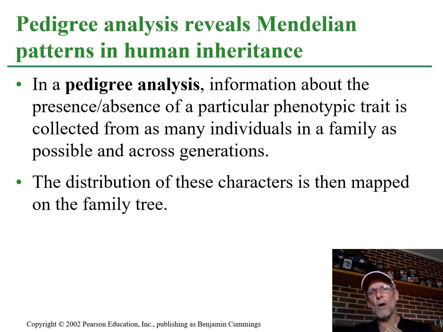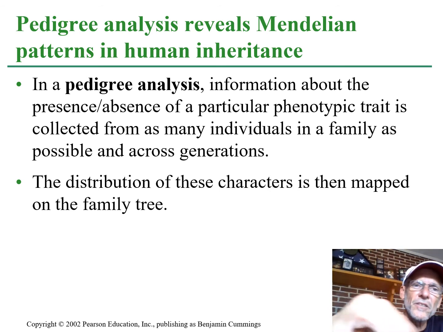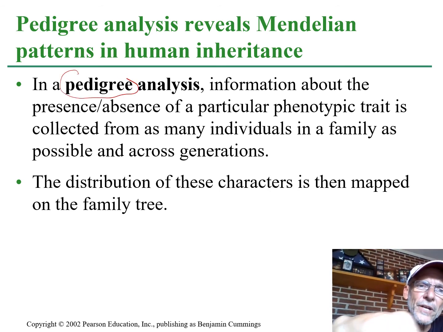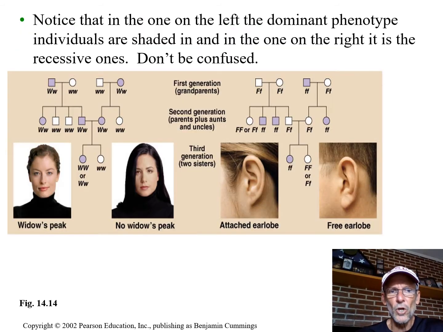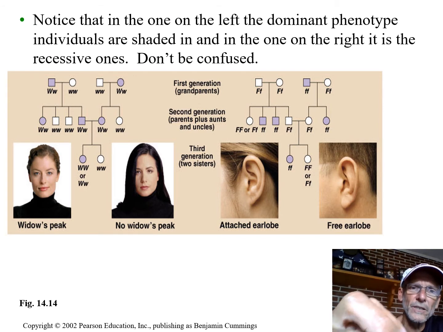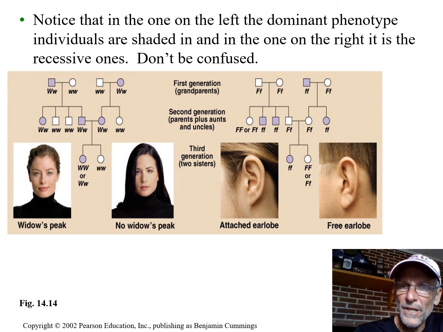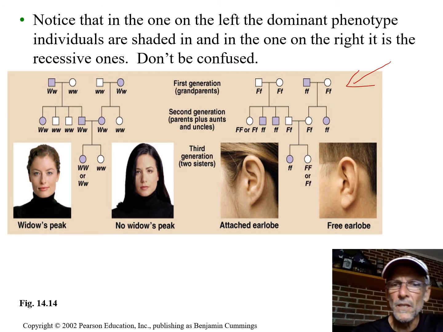So now we have a different way to talk about what parent has this trait and what parent has that trait, to make a chart out of it that's called a pedigree, or like a family tree. So you're going to get questions where you're given a family tree, like let's pick this one first. This trait we're talking about is whether your earlobes are attached or not attached, right at the very bottom there.